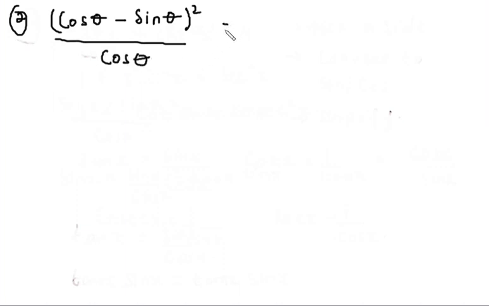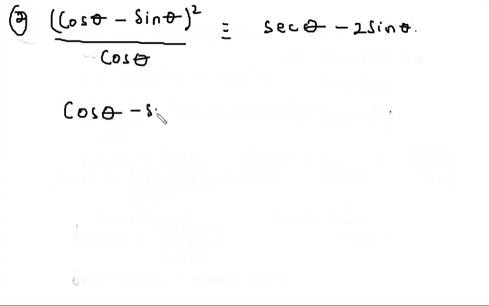We have to verify that it's equal to sec theta minus 2 sine theta. Like we did before, we have to pick a side, so we are going to pick the left side. The next step is to convert everything to sine or cos, and everything here is already in sine or cos.